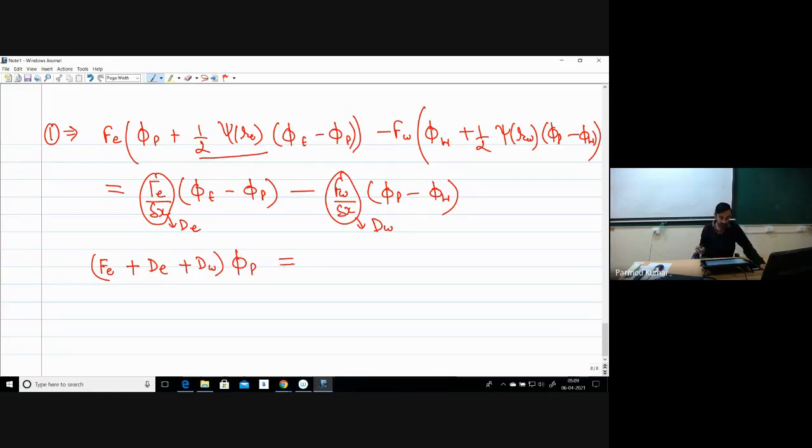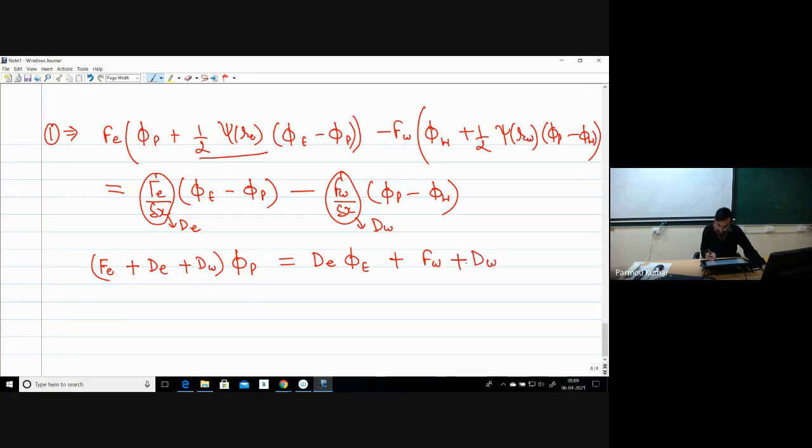That will be equal to, now any term involving E and W apart from psi, we will first write. So apart from psi, we are having this over here, dE into phi E. Okay, and this FW will go to right hand side, so it will become plus FW, and this minus minus will also become plus.